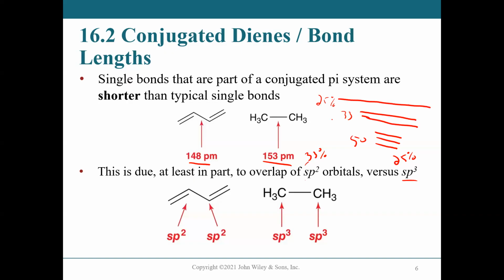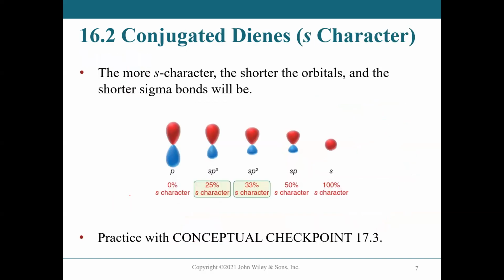And that's because with an s orbital, if you just think about a true s orbital, it has more overlap than a p orbital. Versus this would be a p orbital overlap right here. So the more s character, the shorter the orbitals and the shorter the sigma bonds. And we discussed that.